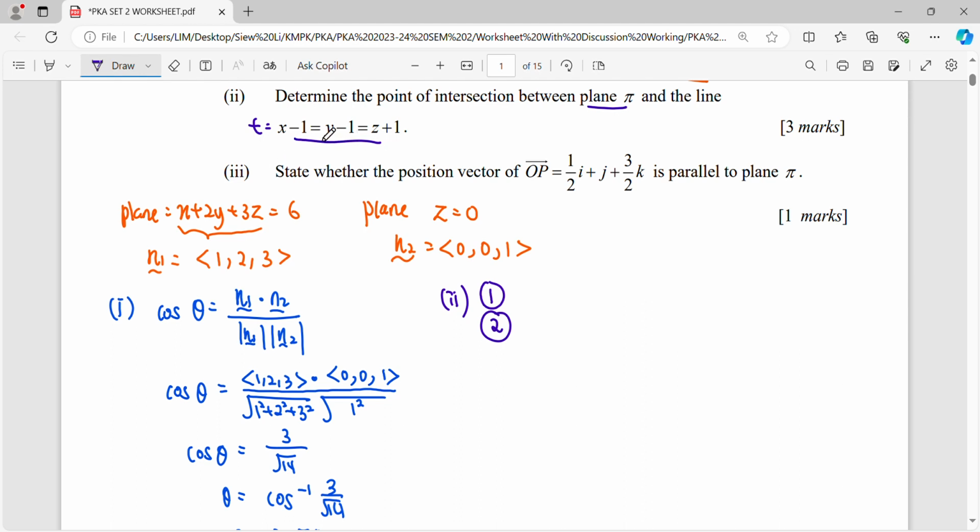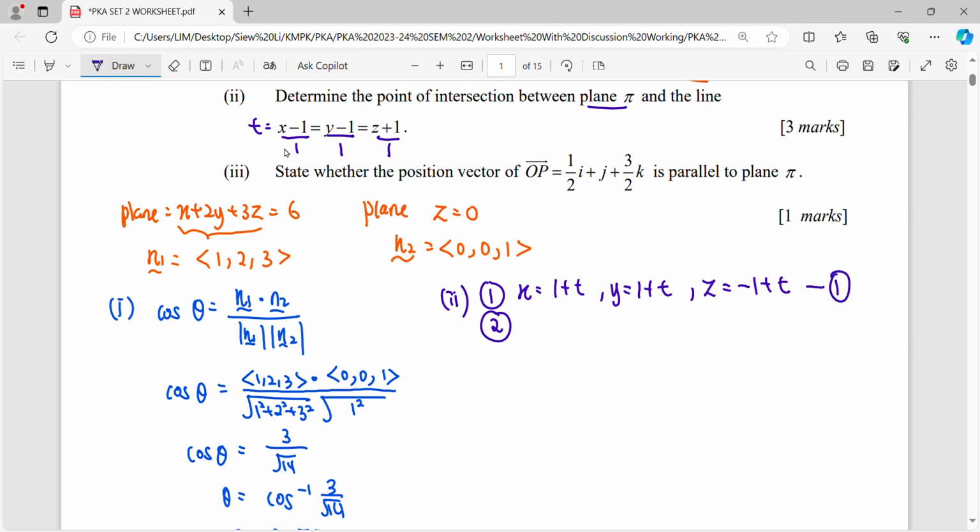For parametric, the denominator here is 1, here is 1, here is 1. So when you find the parametric form, it will be x equals 1t plus 1, y equals 1t plus 1, z equals 1t minus 1, so minus 1 plus t. First equation, line in parametric.